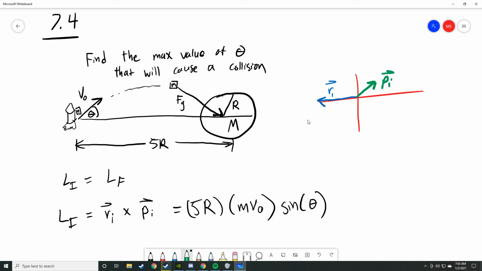And so you say, okay, well, clearly here the angle is theta, but that would be if I drew my r vector from the object to the center of rotation. But that's usually not how the r vector is explained.